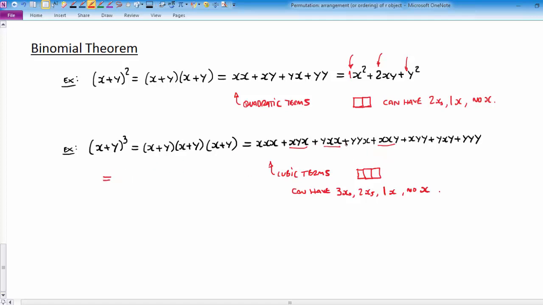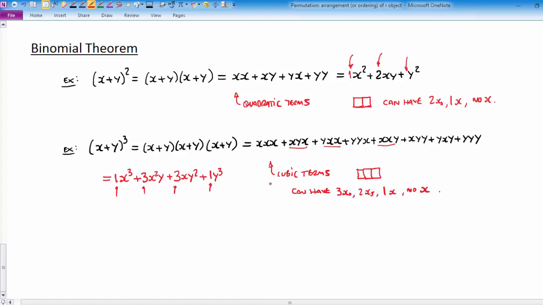So if we combine the like terms, we'll have 1 x cubed, and then 3 terms with 2 x's and 1 y, 3 terms with 1 x and 2 y's, and 1 term with 3 y's. The binomial theorem will give us those coefficients that you see here.